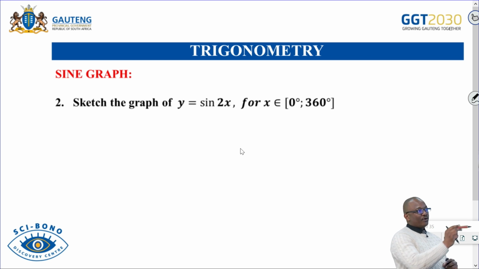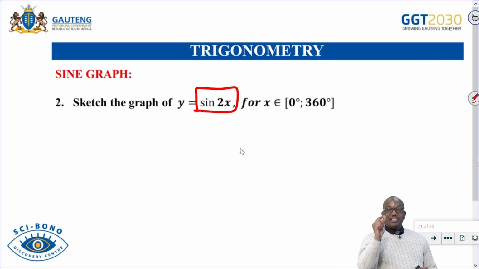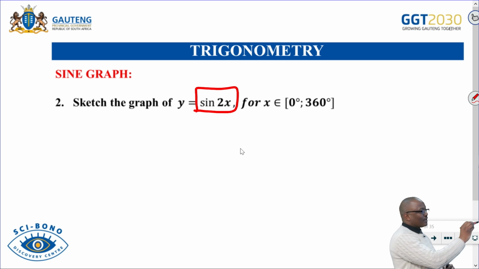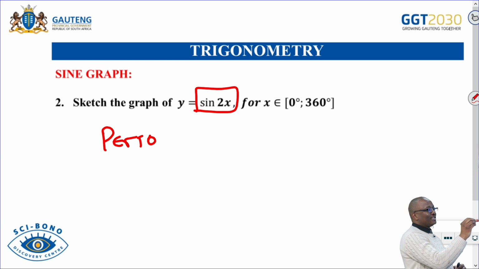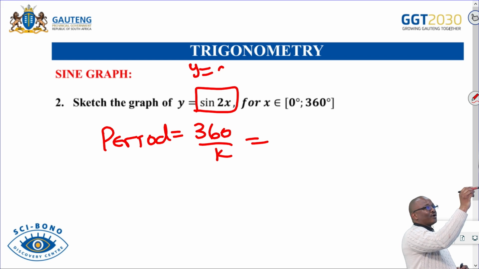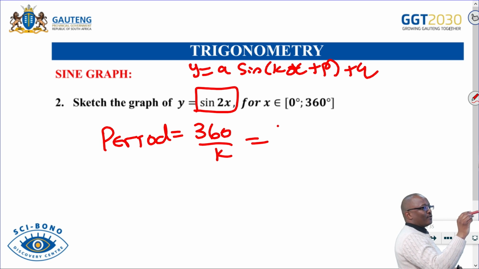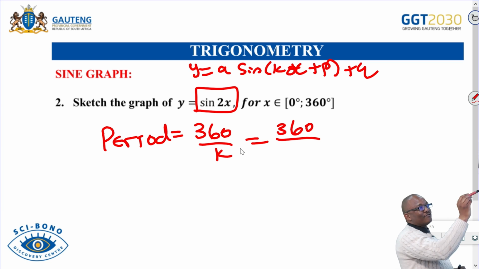Correct. So now, let's look at the sine graph. But now, with the sine graph, we have the effect of k. We're saying k affects our graph. So if we want our period in this case, we're saying 360 divided by k, and we know very well that our graph will be y is equal to a sine of kx plus P plus Q. So now, the value of k is the value in front of x.